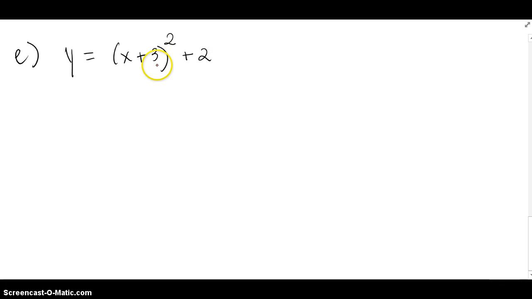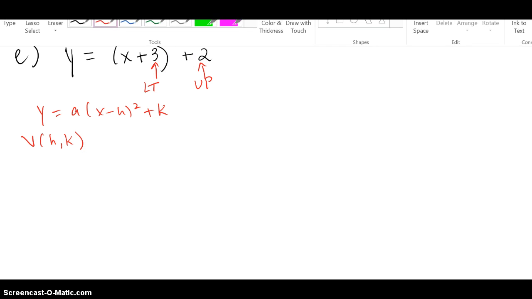Let's look at E. Remember this makes it go left 3, and this makes it go up 2. And also if I compare to the vertex form of a parabola, I can just pull out the vertex H, K out of here.